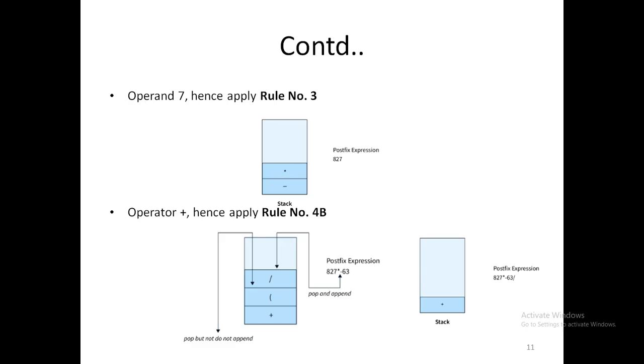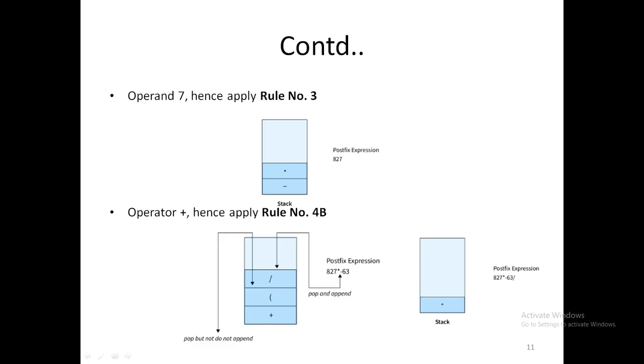we need to pop the elements like star and minus, because when the operator is equal or higher precedence, we need to pop those elements. So star and minus came out from the stack, and plus is inserted. After the plus is inserted, open parenthesis, then 6 is added, then division, then 3 is added.